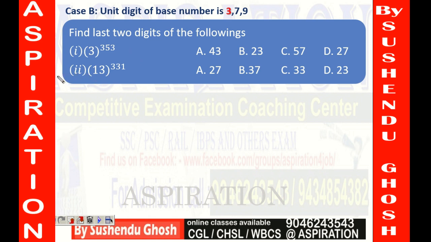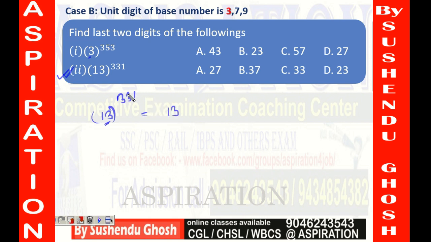Let's see how to find the last two digits for the second question, because it is somewhat different from the first question. In the first question only one digit was present in the base, but here you can see that two digits are present in the base. So we have to perform the same way.